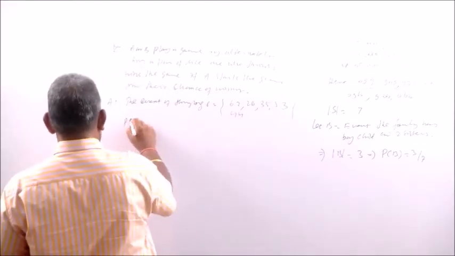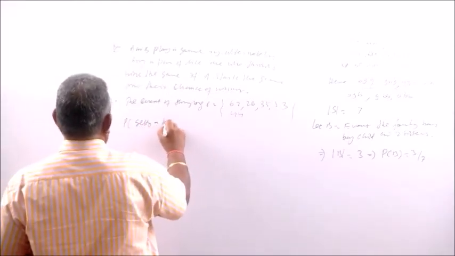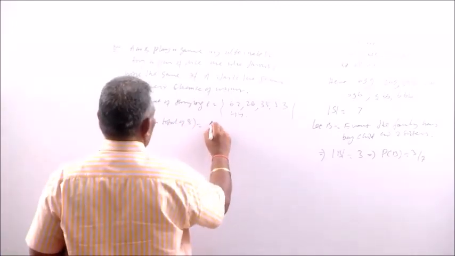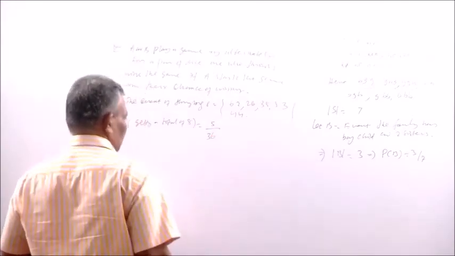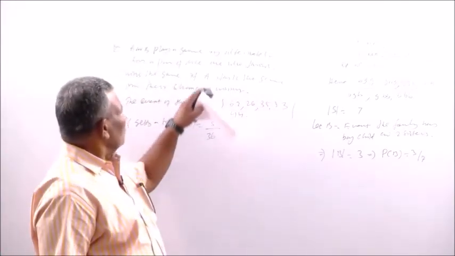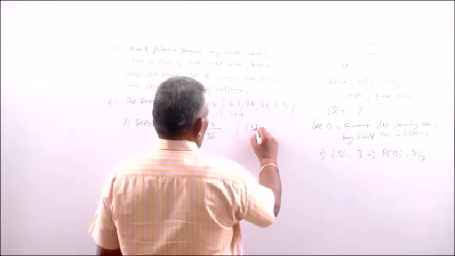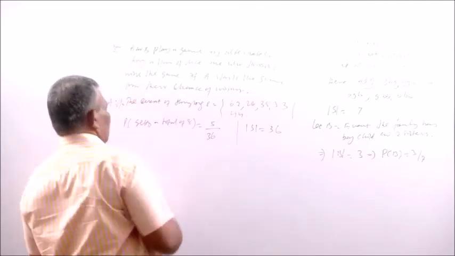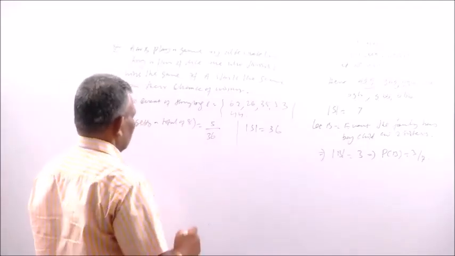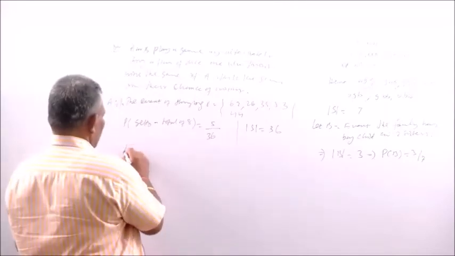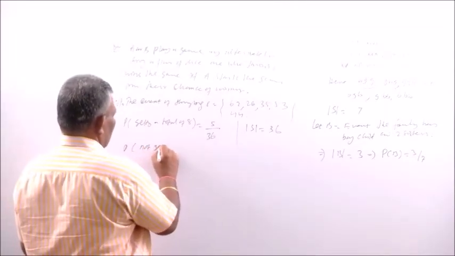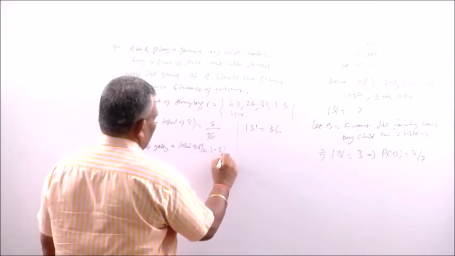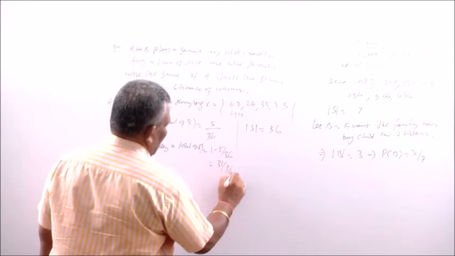So the probability of getting a total of 8 is 5 by 36, because while throwing a pair of dice, cardinality of S equals 36, and if A is the event of getting a total of 8, its probability is 5 by 36. The probability of not getting a total of 8 is 1 minus 5 by 36, that is 31 by 36.